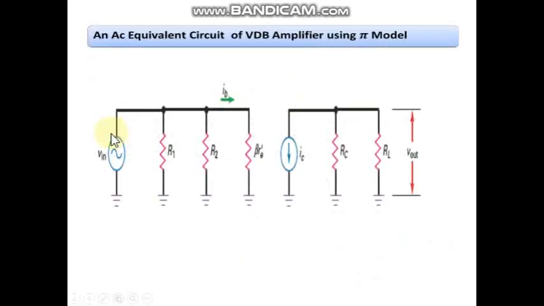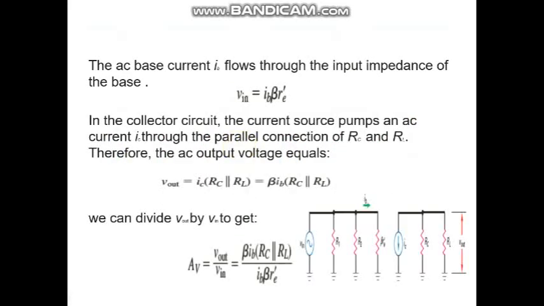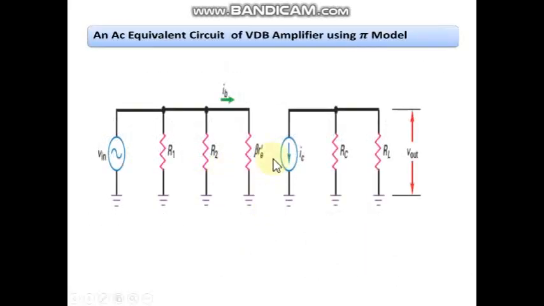So V in is nothing but the current IB flowing into the resistance beta RE dash. So IB into beta RE dash is the voltage V input here, and your V output is the combination of RC parallel RL times the output current IC, because the output current IC flows through this parallel combination of RC and RL.